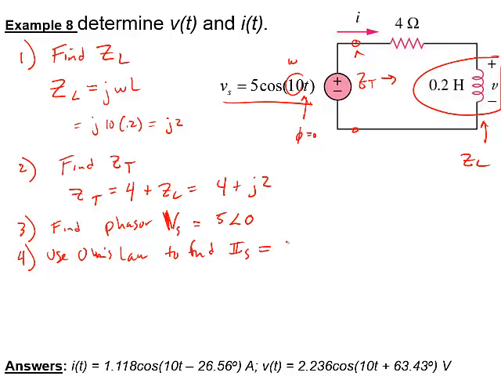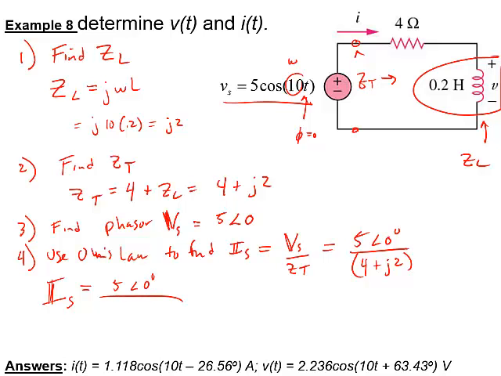That's just Vs over ZT, which is 5 angle 0 over 4 plus j2. Now, it's a complex number. You can't just treat it the same way as we used to. It's a little bit harder than a DC circuit.